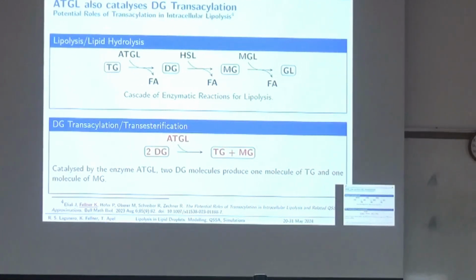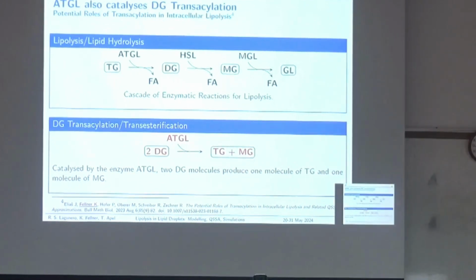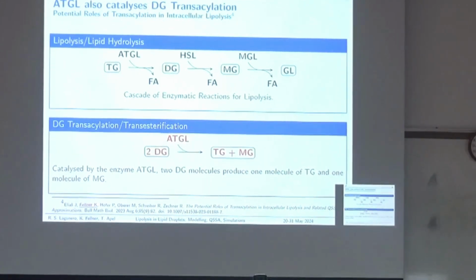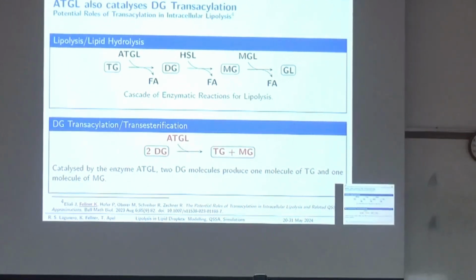triglycerides. What happens in this transacylation or transesterification is that the same enzyme ATGL can grab two molecules of the glycerides. Remember, we have now 4 fatty acids. This can form one triglyceride, so 3 fatty acids, and one monoglyceride.